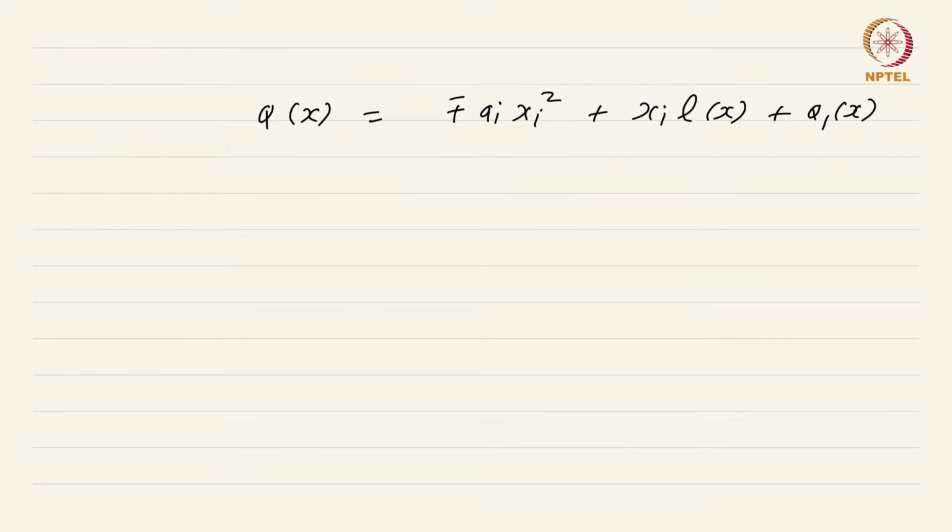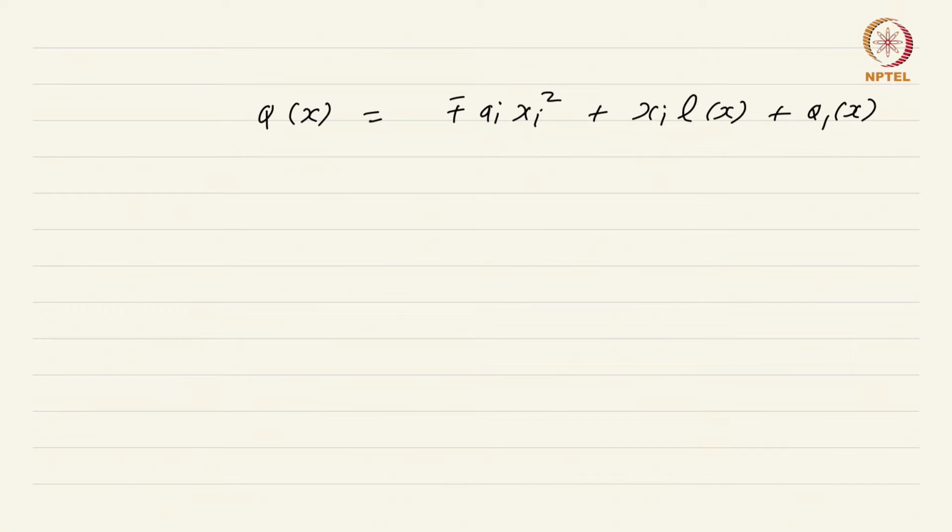Some explanation is in order. To obtain this L of x, I'm going to club together all the terms that involve xi but are not a square. There's only one term that involves xi squared, and I have already isolated it and put it here. I look at all the other terms where xi occurs and take xi outside. That can be done, so what will be left is a linear functional.